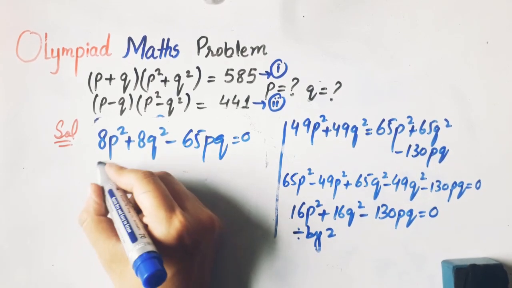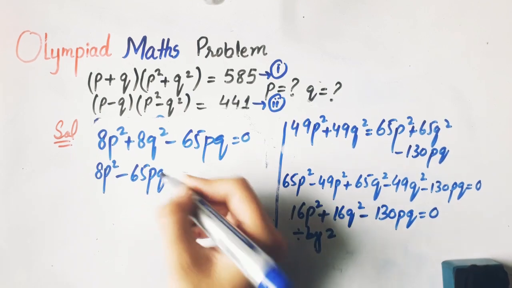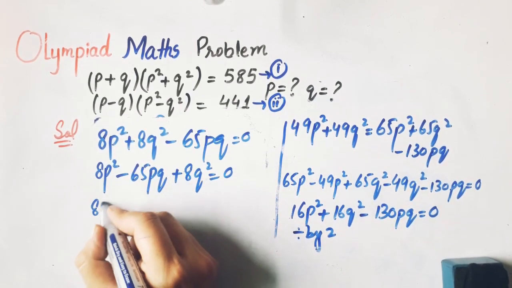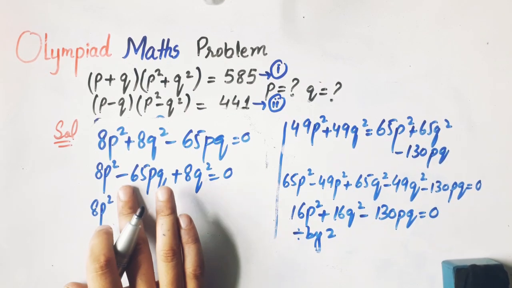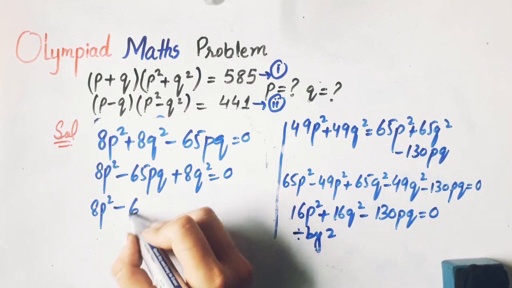Now we will write this in arranged form: 8p² minus 65pq plus 8q² equals 0. We can split 65 into factors of 64 and 1 such that when added they give 65.